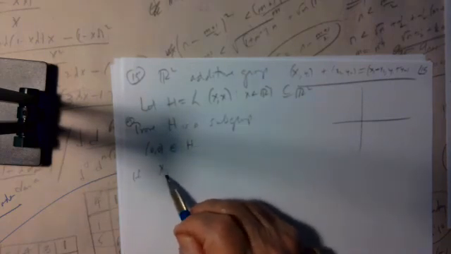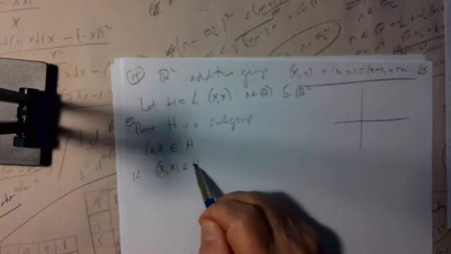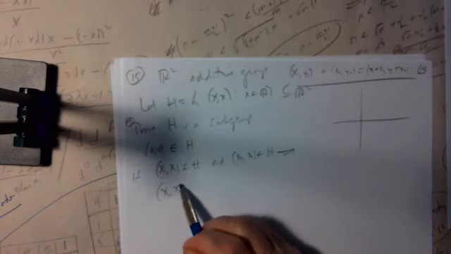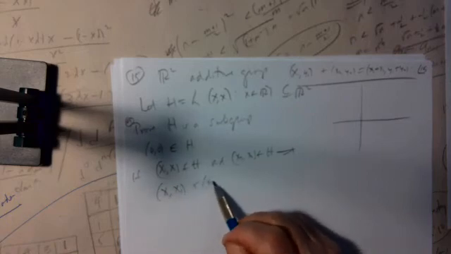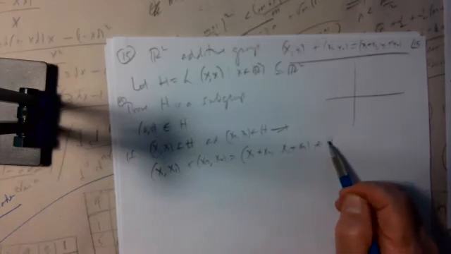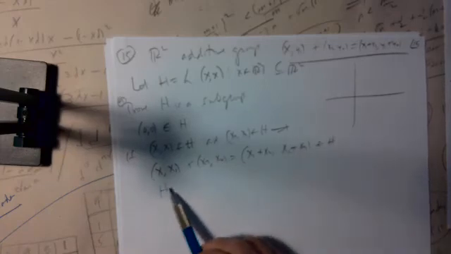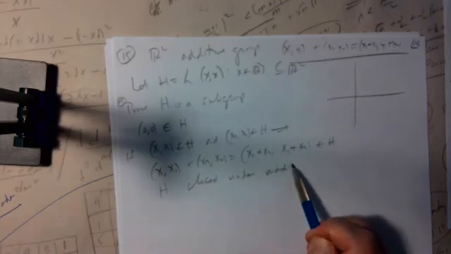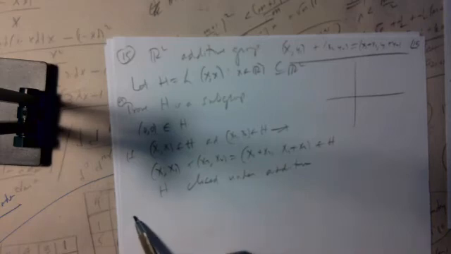And if x1, x1 is in H, and x2, x2 is in H, then if I add them, I just get another vector with the same x and y coordinates. So H is closed under addition.